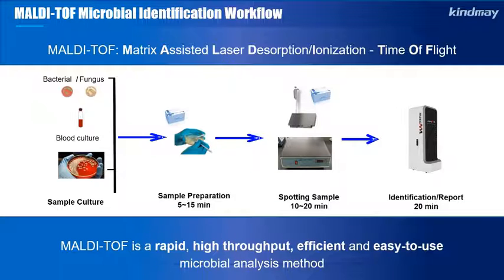Simply speaking, the MALDI-TOF mass spectrometer is an automatic microbe analysis system. It can be used to identify various microorganisms like bacteria and fungi, for example, gram positive bacteria, gram negative bacteria, mycobacteria, yeast fungi, filamentous fungi. What's more, it can be used to identify viruses like COVID-19.